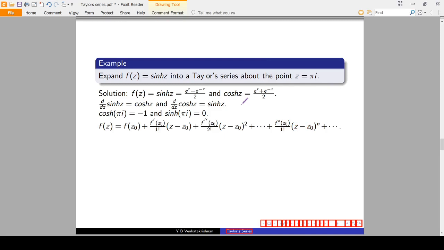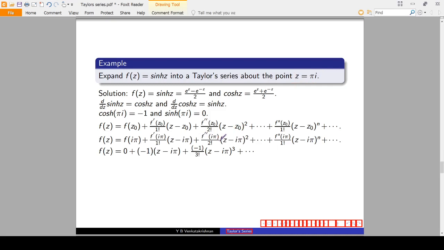Now I have given the Taylor series expansion, the general expansion. Instead of this z0, I have to expand it across z is equal to pi i. So now I have just substituted z0 is equal to pi i. Now alternatively, f of z is sin h z.